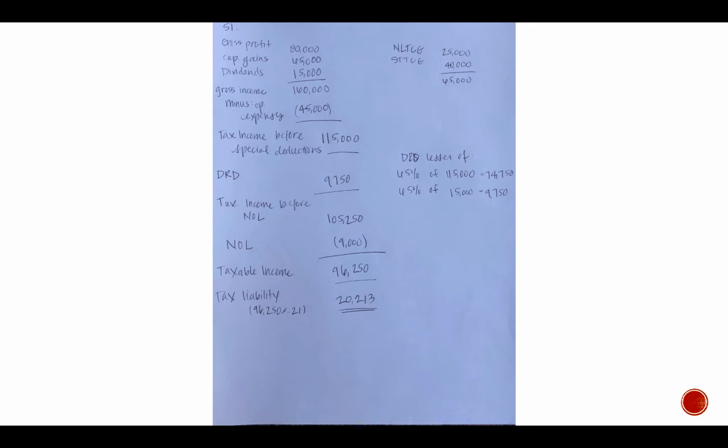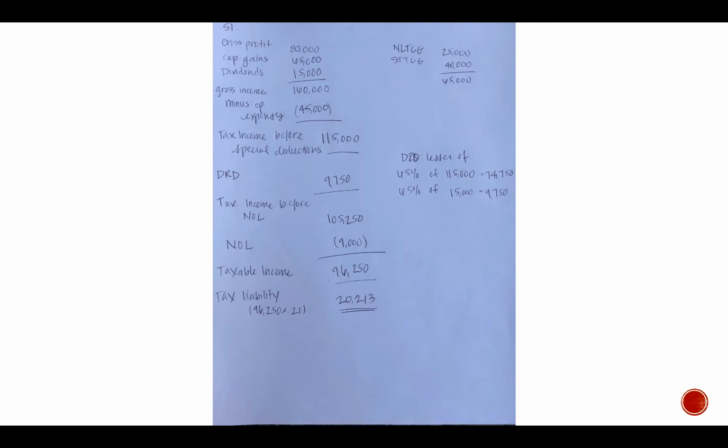So the smaller of those two numbers is $9,750. So my dividends received deduction is going to be $9,750, making my taxable income before net operating loss $105,250.